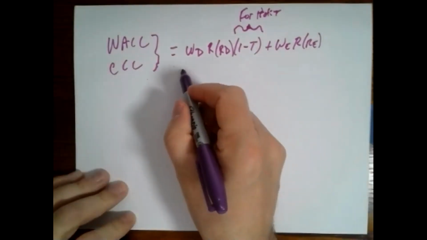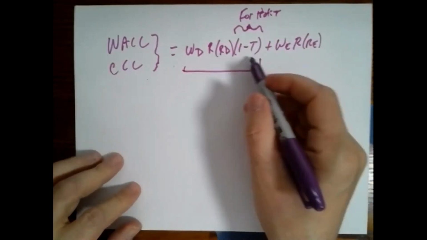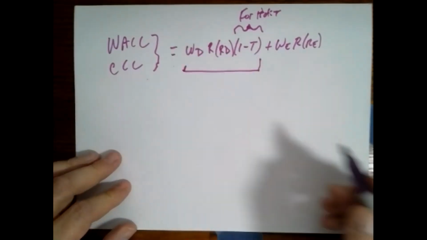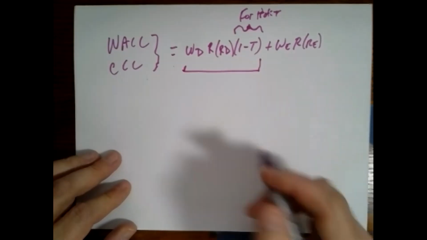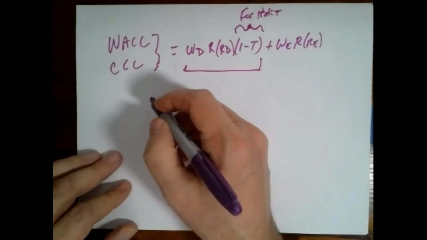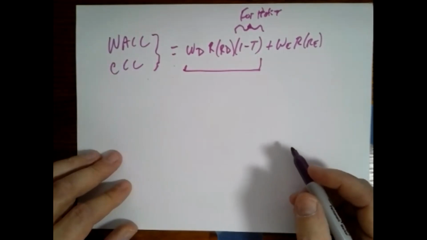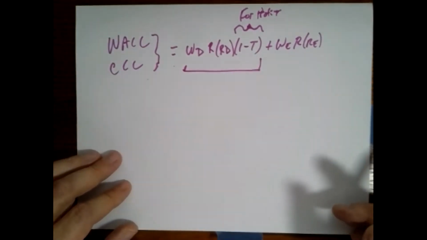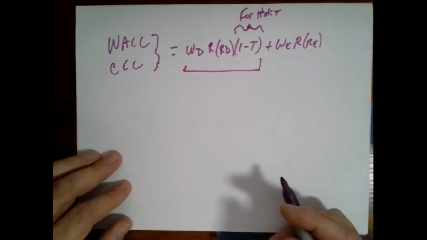I wanted to talk a little bit about the rationale for why we drop that 1 minus T. Well, if you remember from exam 1, the material we did for exam 1, and I think it's chapter 11, we said that if you are Wentworth Douglas, you can offer a lower coupon rate on your bonds, and hence a lower effective yield, or yield to maturity, than for-profit companies can.